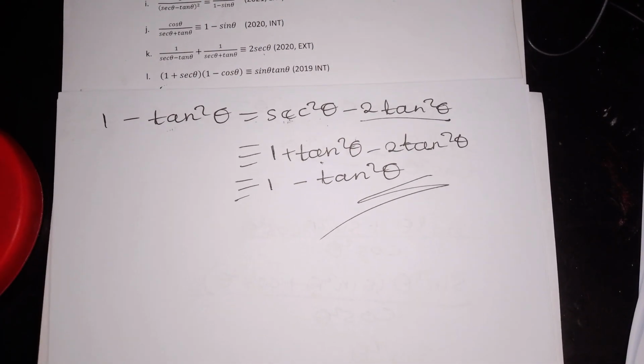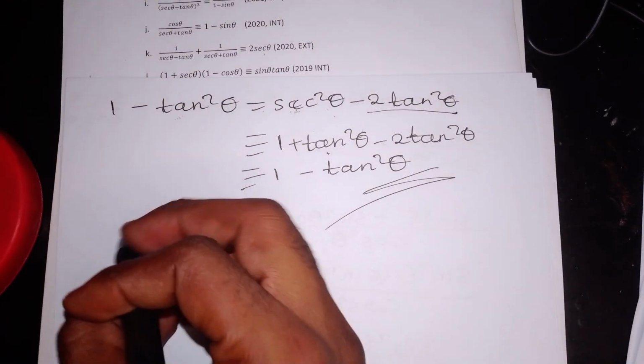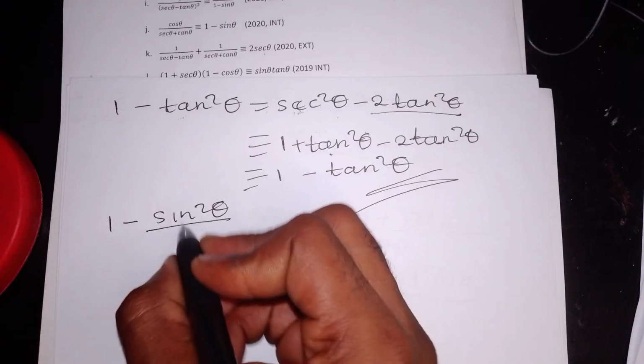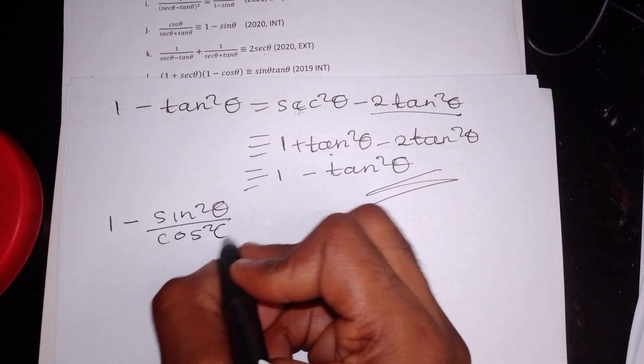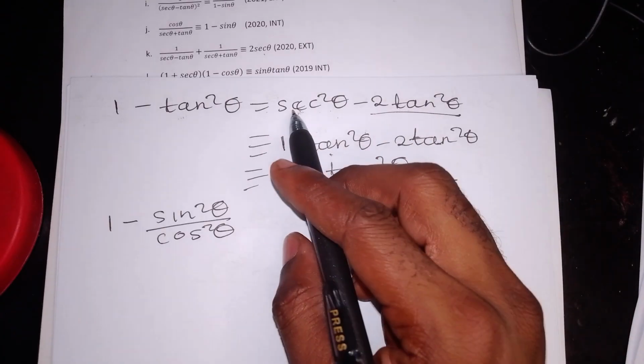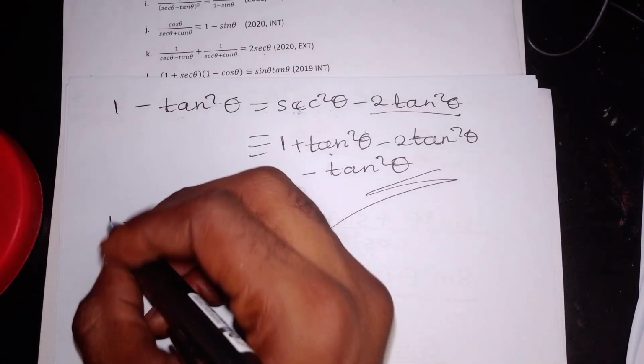This is way too easy. I don't even know what it was doing in the exam. Maybe if I had used the other side. Let me just give it a try and see if it is worth it. We want a tan, and then we also want a sec, but I can't change this.